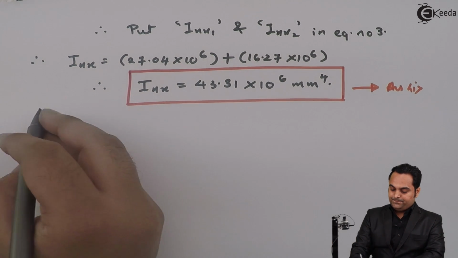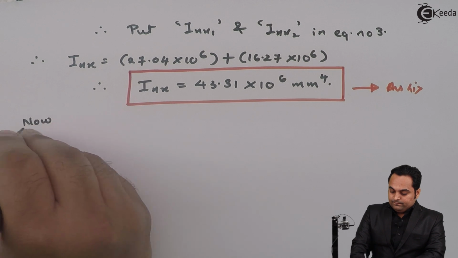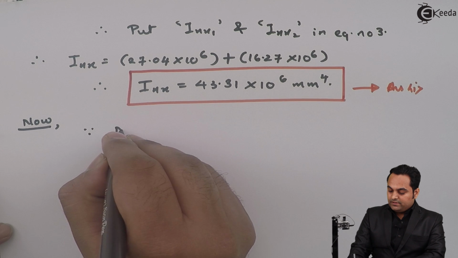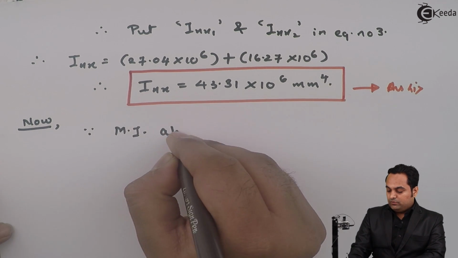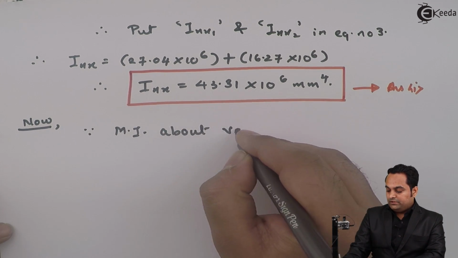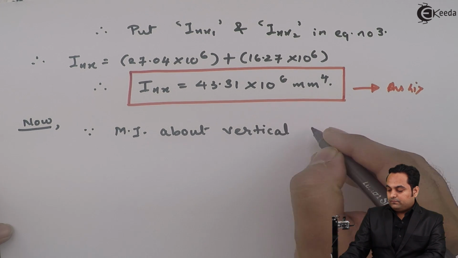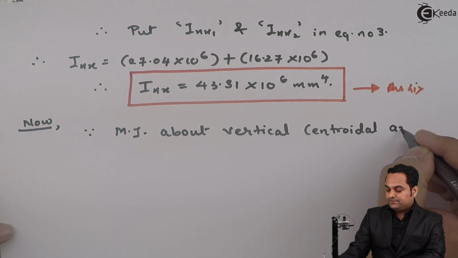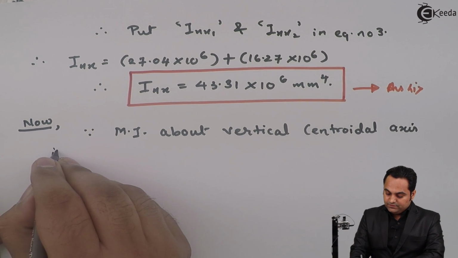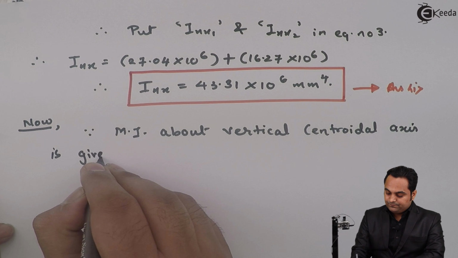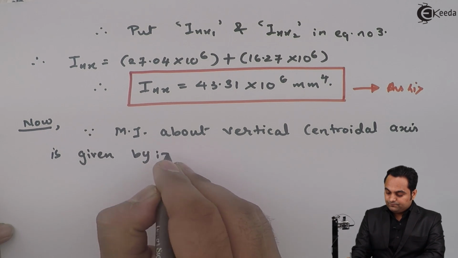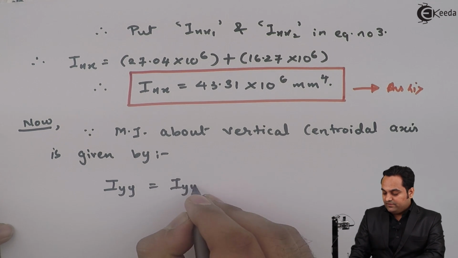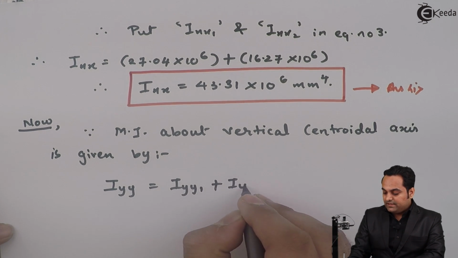Now, since MI about vertical centroidal axis is given by Iyy is equal to Iyy1 plus Iyy2.